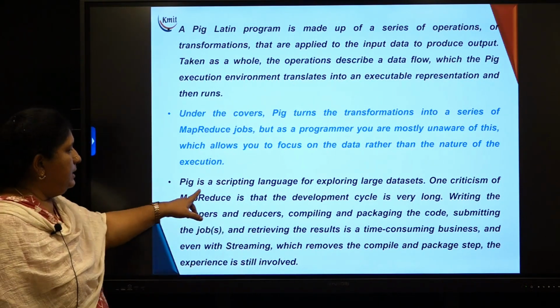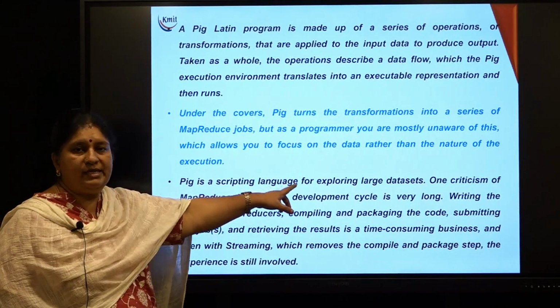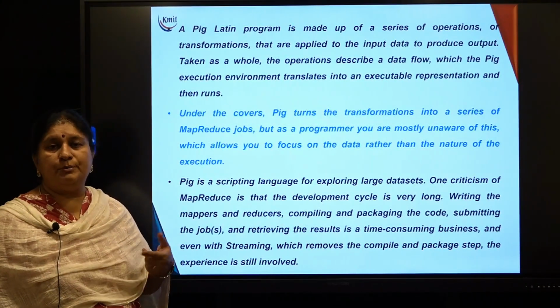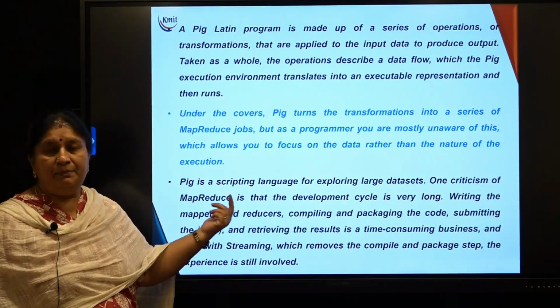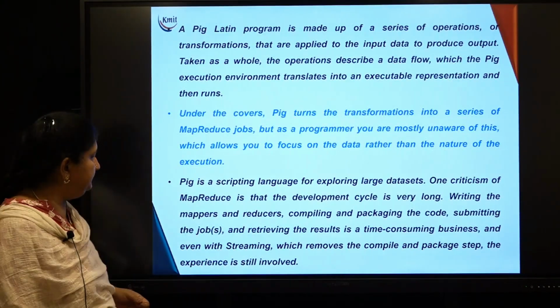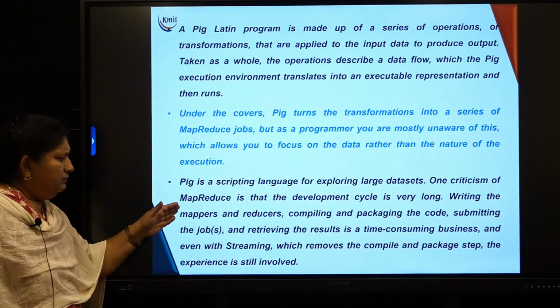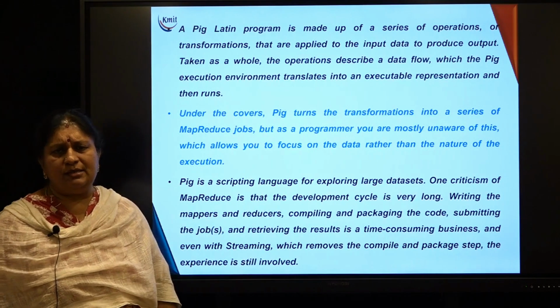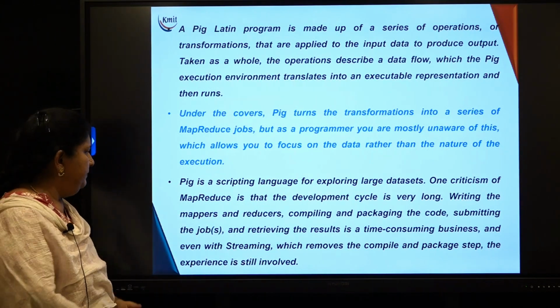And Pig is a scripting language to explore large data sets. We are trying to explore huge amounts of data sets using Pig Latin, which is the language. Why did they go for this? Because people started criticizing MapReduce as having a huge development cycle.